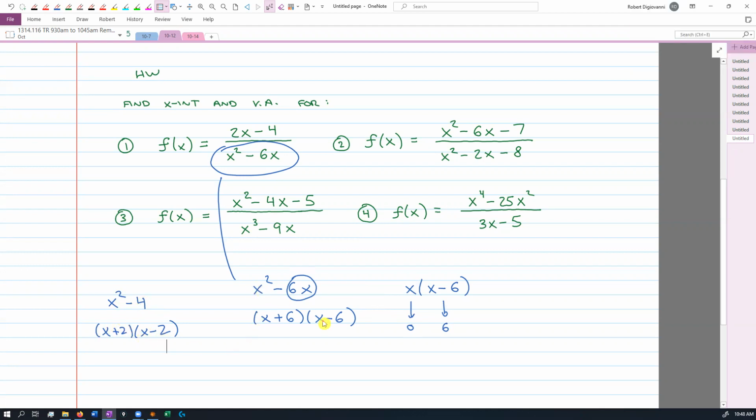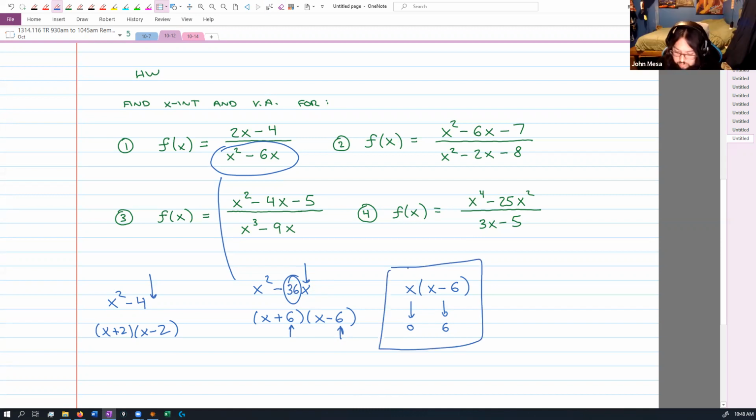But this is not a perfect square. Even if it was 36x, then this still wouldn't work because this is a perfect square. So yes, it can be 6 and 6, but the x creates a problem. In the formula, there's no x's here. See that? So the way to go about this one is GCF.